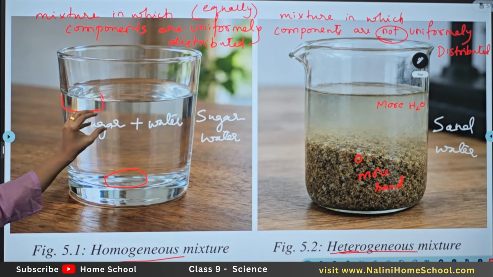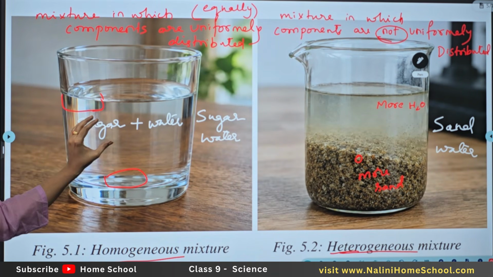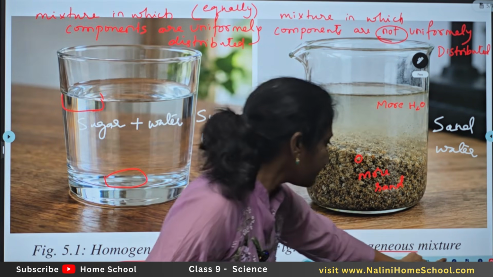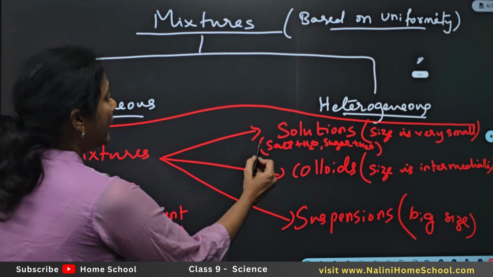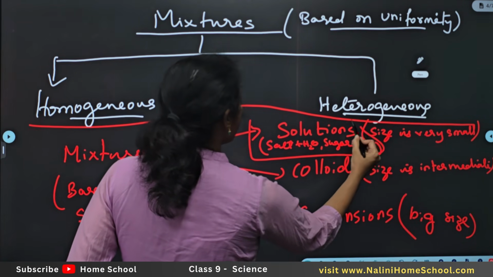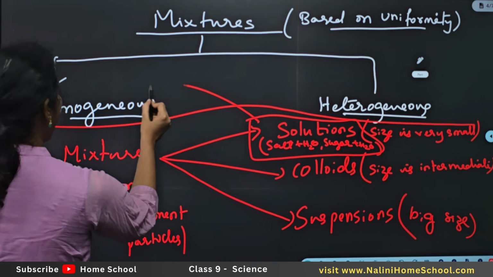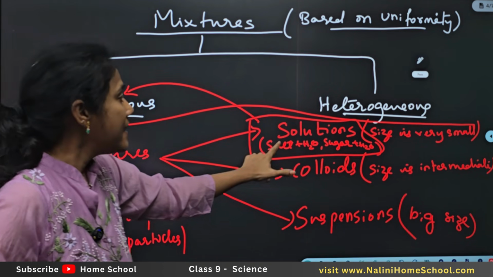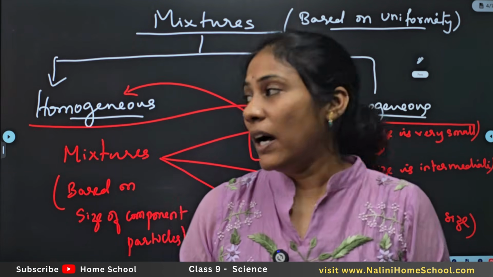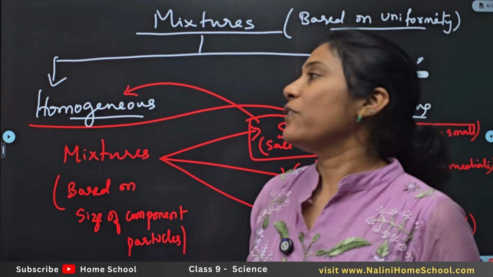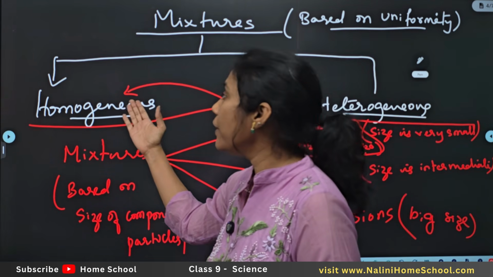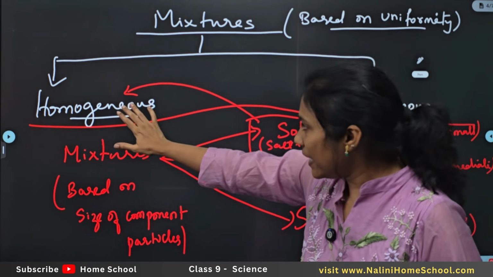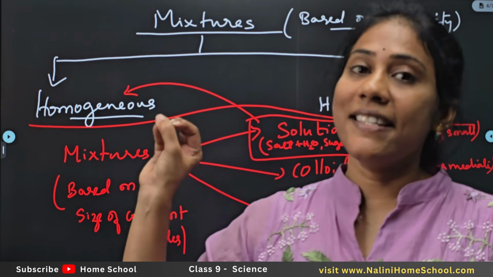The particle size is very, very small and one particle can easily get mixed up with another particle. These solutions, most of the time, are homogeneous in nature. That means since all the particles are very, very small, they can nicely get mixed up with one another and form what kind of mixture? Homogeneous type. So they will have a homogeneous nature.